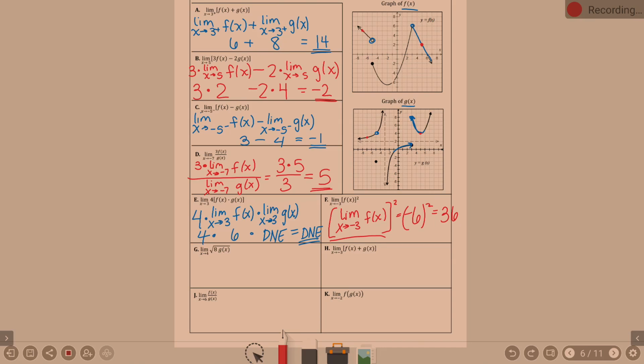Okay. What's going to happen on G? Square root, at last, right? So we can do 8, because that 8 can come out front, times the limit as x approaches 4. We're going to do the 8 times the limit, and then the square root of the whole thing.